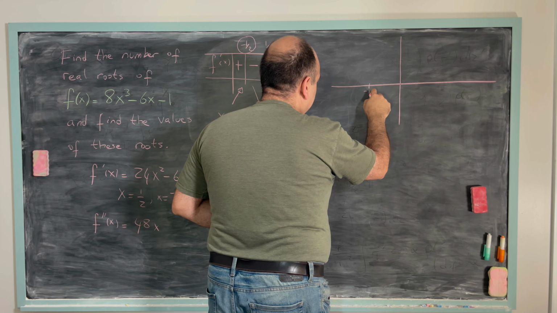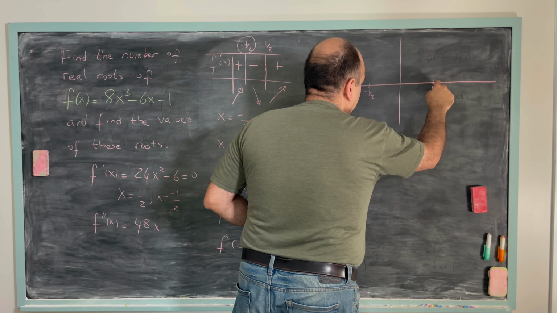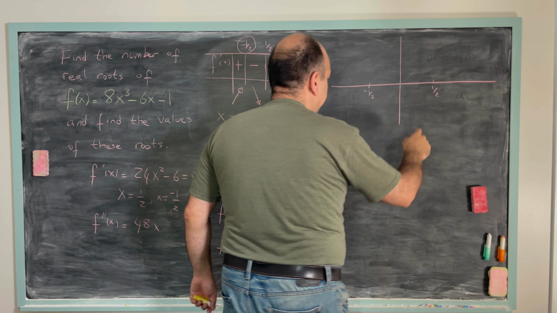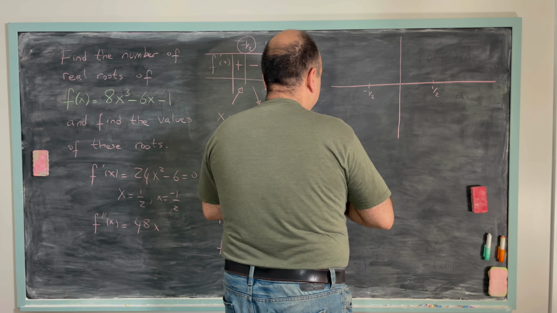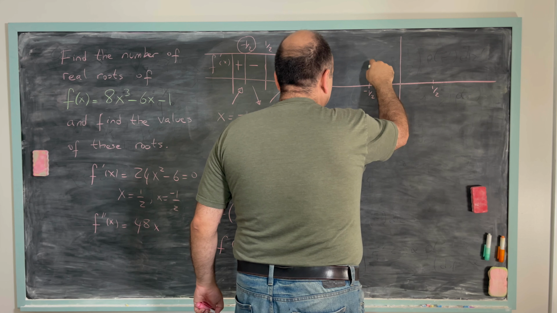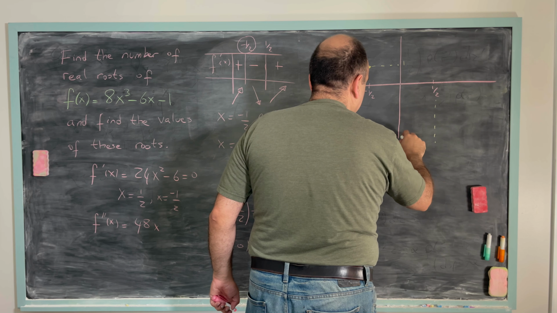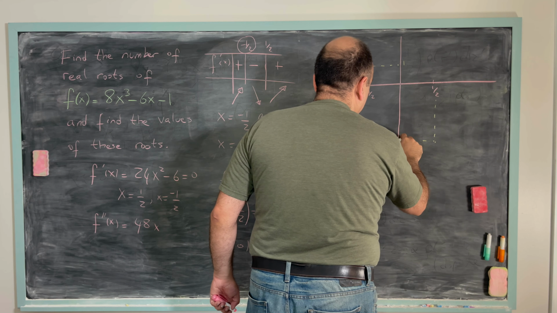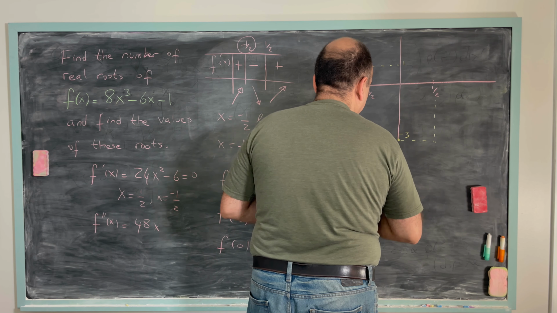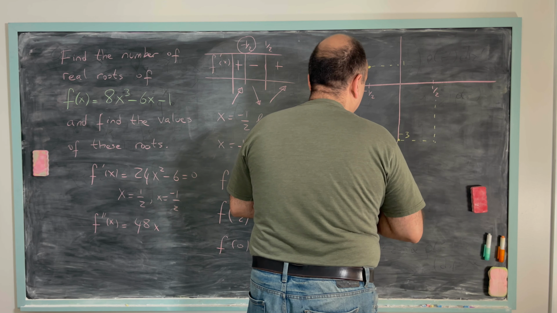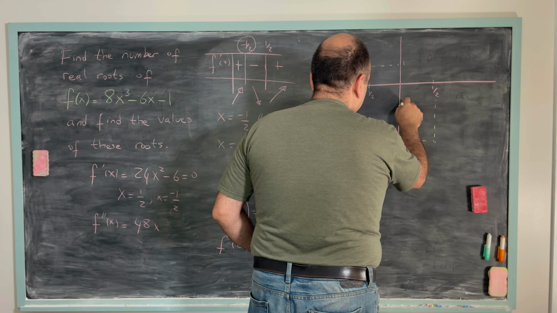I suppose minus 1/2 is here, right? 1/2 is here. Okay, so this is here, which is equal to 1. Suppose this is equal to minus 3 here, right? And we have minus 1 here.